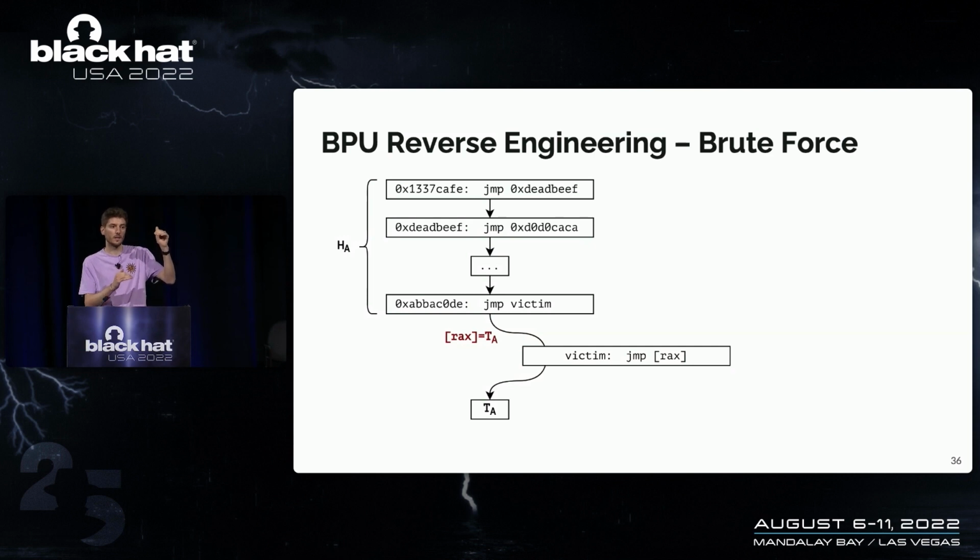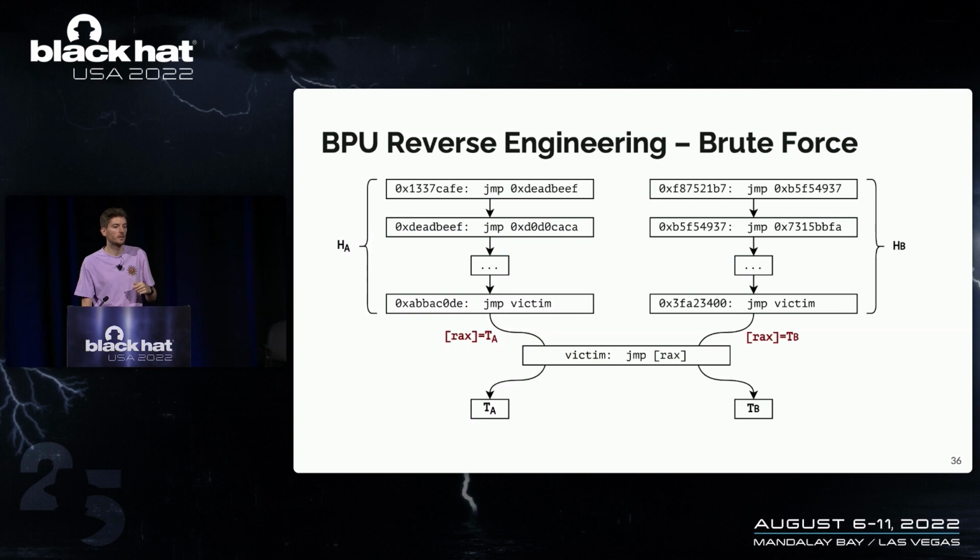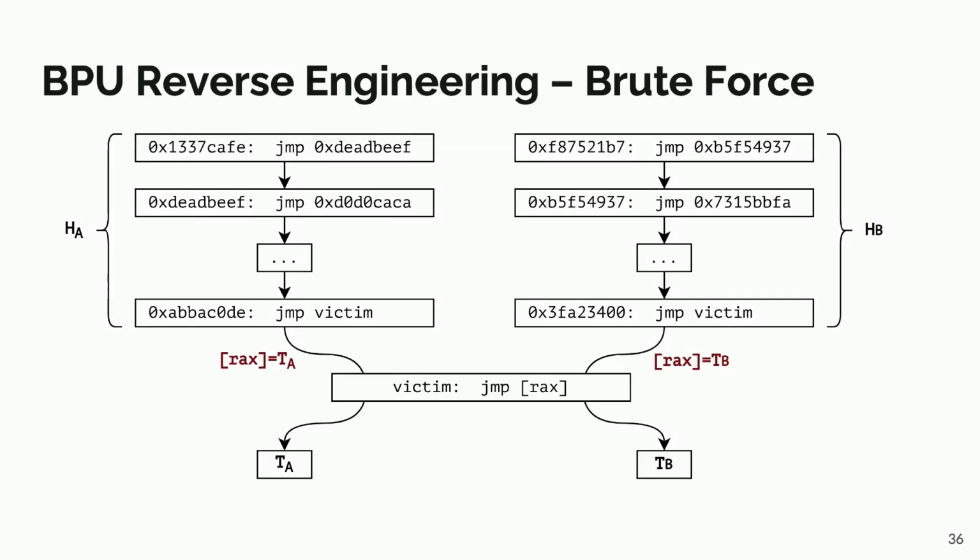Here the idea is that we are generating a specific history, and after this we go to an indirect branch that will always land on target A. The idea is to associate history A with target A, so every time the branch prediction unit sees history A, it will say it's a good idea to jump to target A. Then we generate a random history, history B, and again this history should always jump to target B.